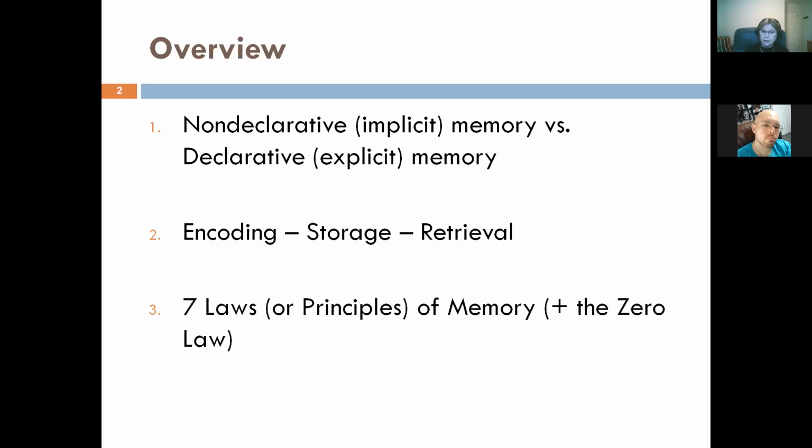So if you guys are interested in memory, you should consider PSI 385, Psychology of Memory. In fact, it's on this semester. It was supposed to be taught by my colleague, Tim Ricker, who unfortunately left CSI and went somewhere else.